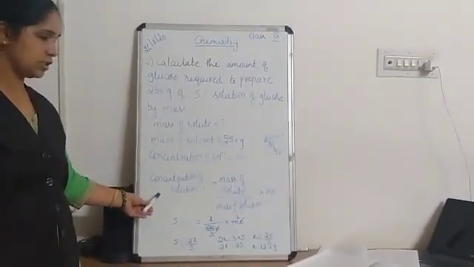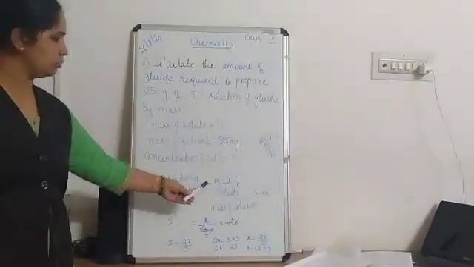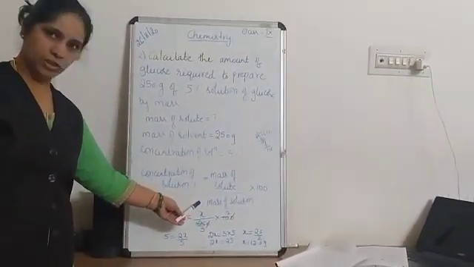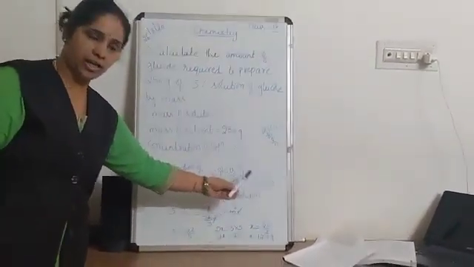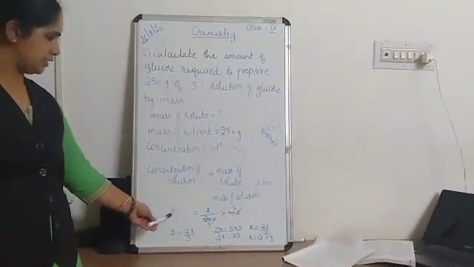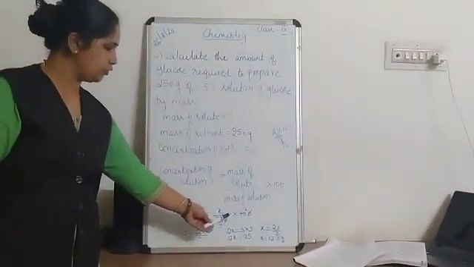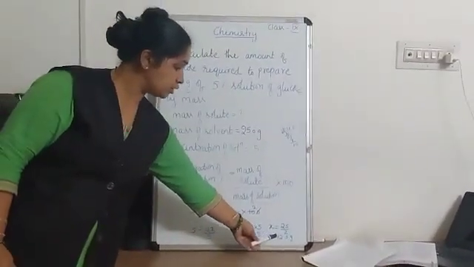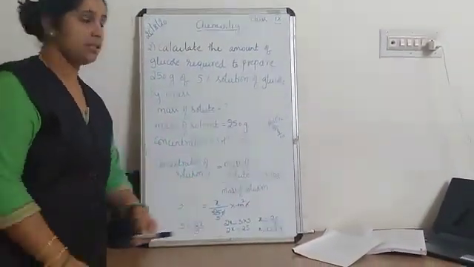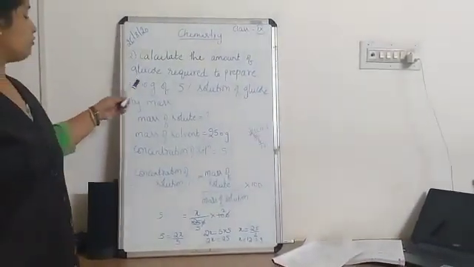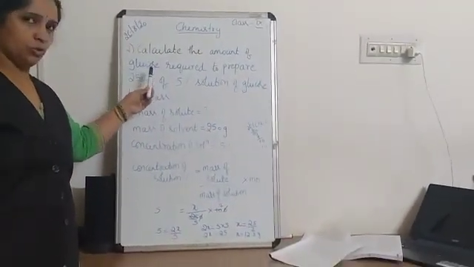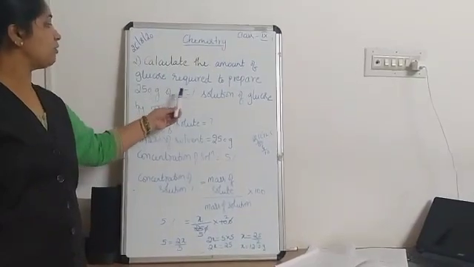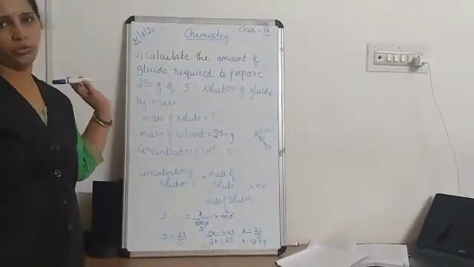So concentration of the solution by mass will be equal to mass of solute by mass of solution into 100. So 5% is equal to x by 250 into 100. After calculation I will get 12.5 gram. That is, 12.5 gram of glucose is required to prepare a 5% solution.